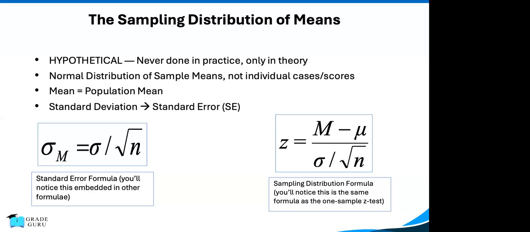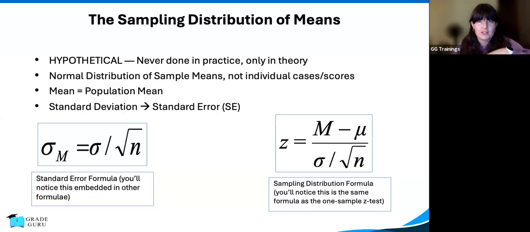So in questions you don't really use the standard error formula on its own, only embedded in the sampling distribution of means formula? Yeah, pretty much. It's always a possibility that they could say, please calculate the standard error, but generally speaking, it's part of another formula that you're already using.